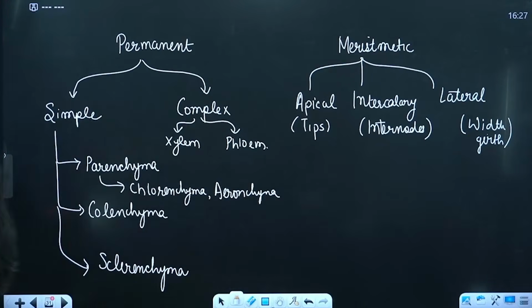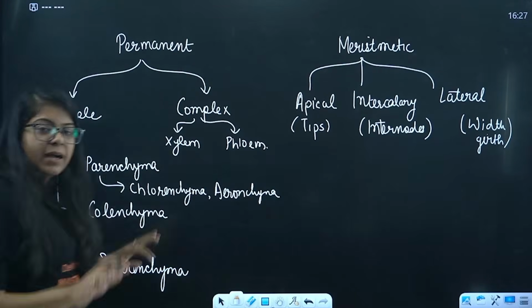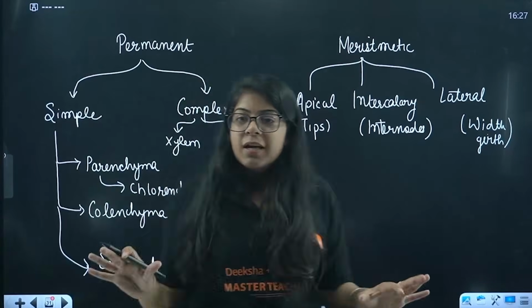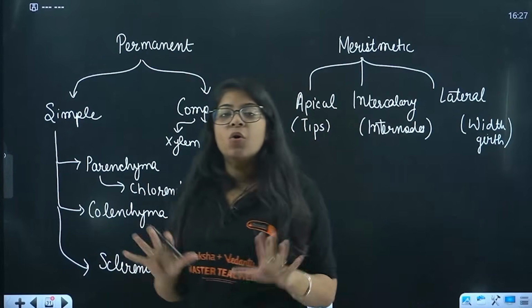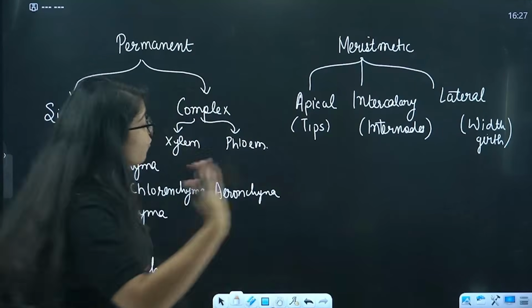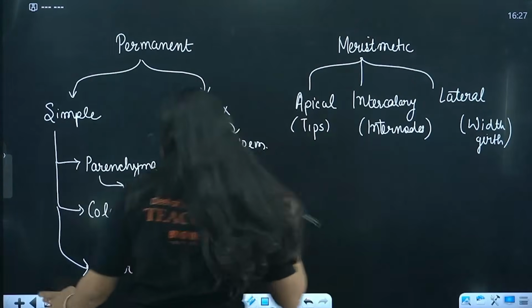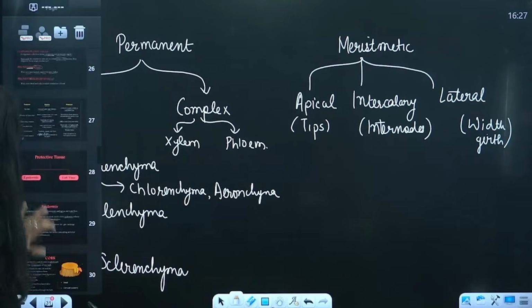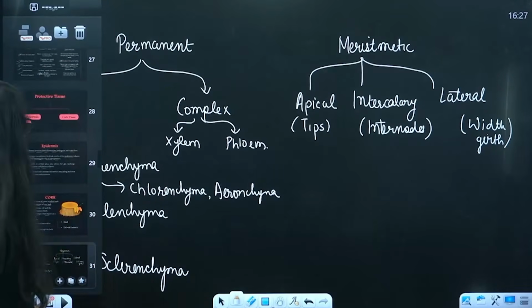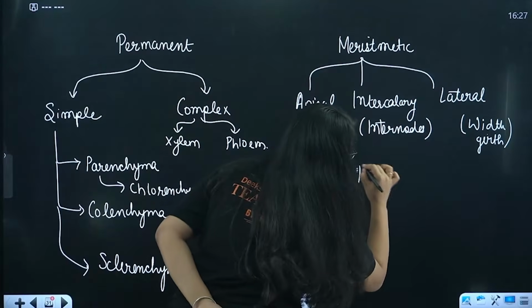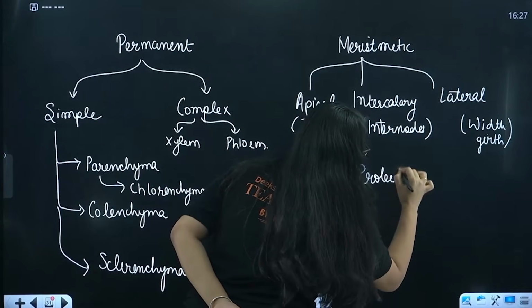Understood? Know this whole flowchart by heart right now. Done? So this was your whole plant tissue. Of course, we learned 2 more things as well, right? First, that was your protective tissue.